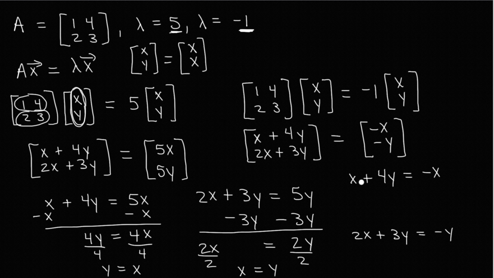So now solving this, we can subtract x from both sides. We'll get 4y equals -2x. And then if we solve for y, we'll get y is equal to -1/2 x. So now let's try the same thing with the other equation. So here we can subtract 3y from both sides.